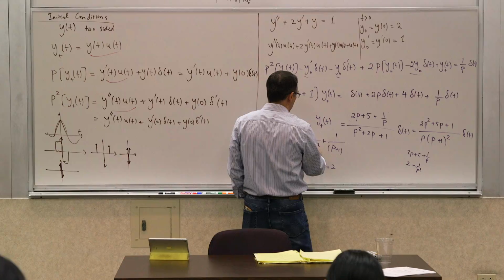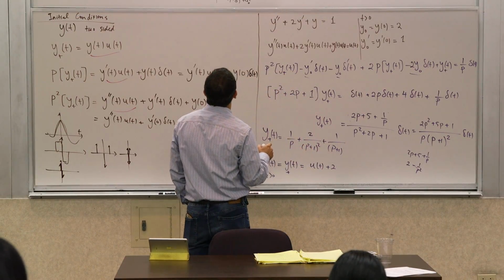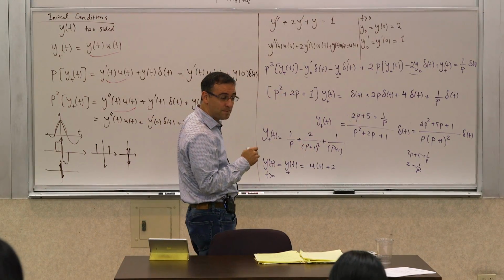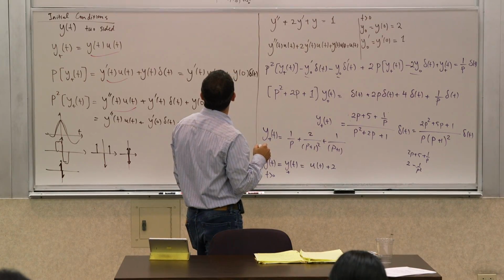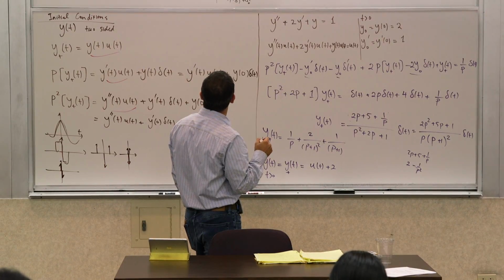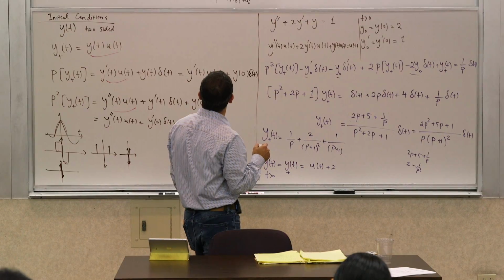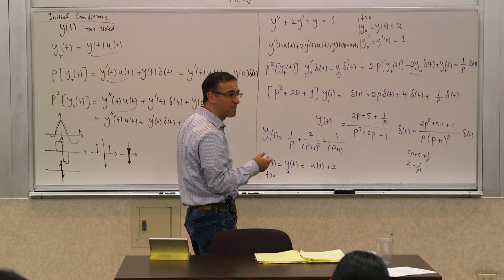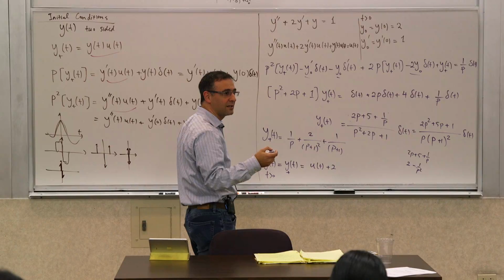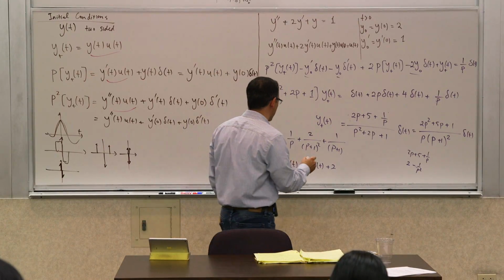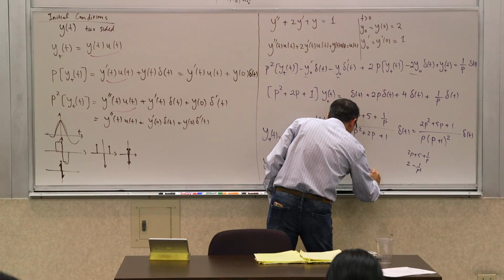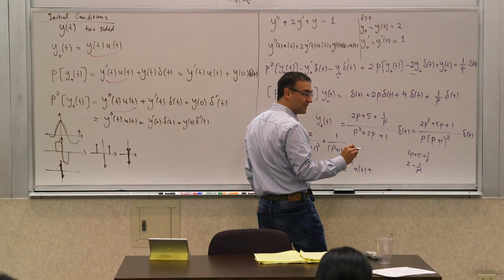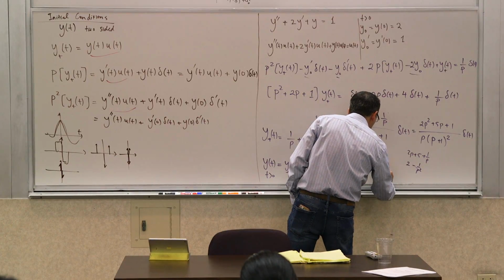What is p plus 1 squared? Oh, I think we missed one, but that's okay. We've already done this, right? This is t e to the negative t u of t. And what's the last one? e to the negative t u of t.